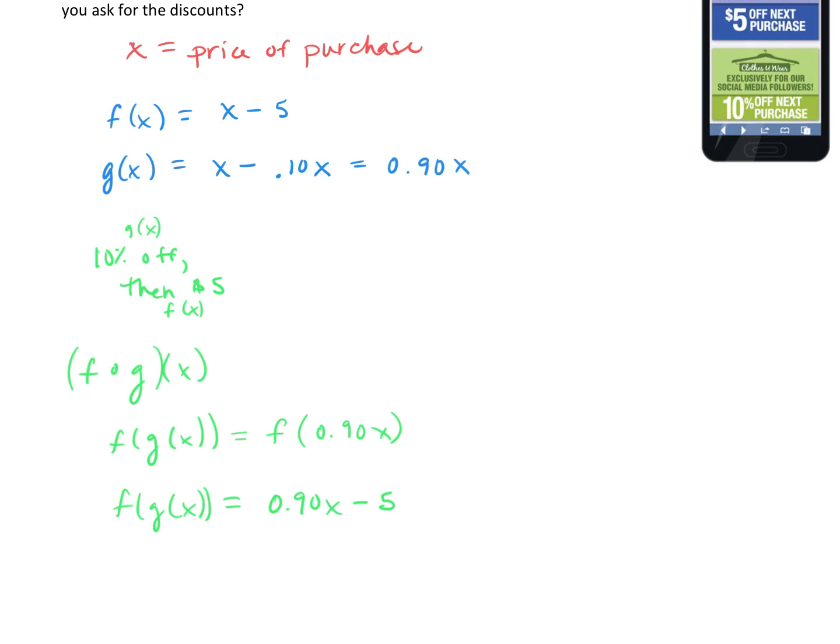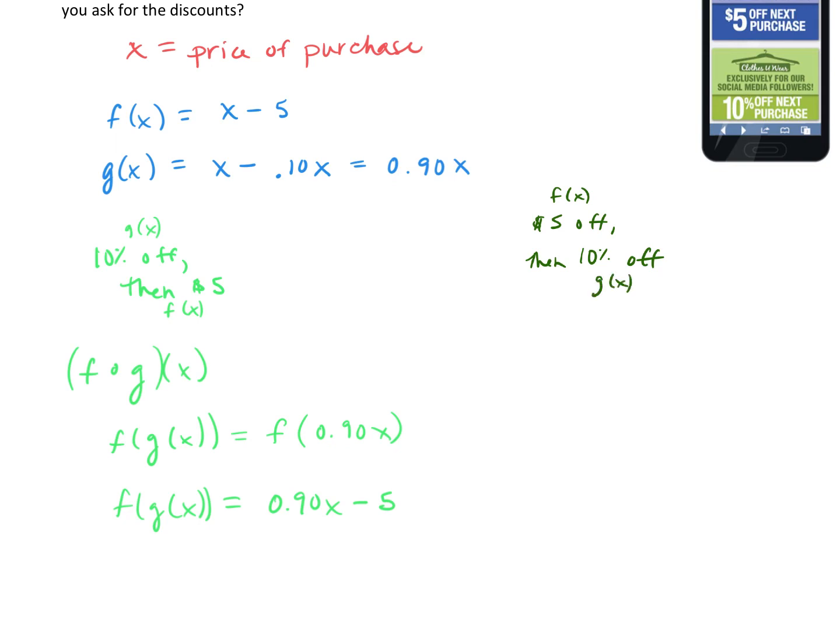Well, let's compare that to what if we do the $5 off first, and then the 10% off. If we're going to take the $5 off first, that's our f of x function, and then 10% off is our g of x function.